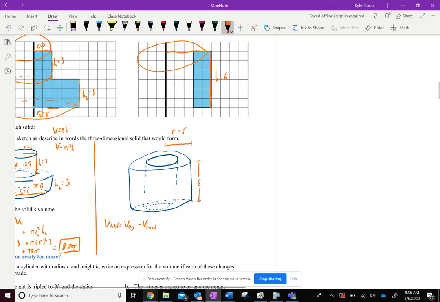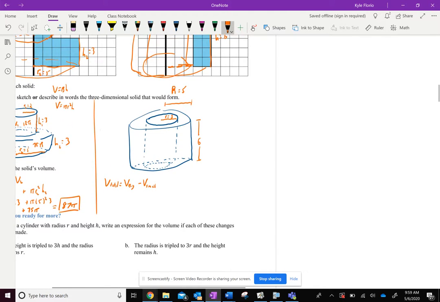And we have to subtract out the small radius that also gets wrapped around, because this is what we're subtracting out of the big one. This radius is 1, 2, 3. I'm going to call the big radius capital R and the little radius little r, and that's 3. They both have the same height.